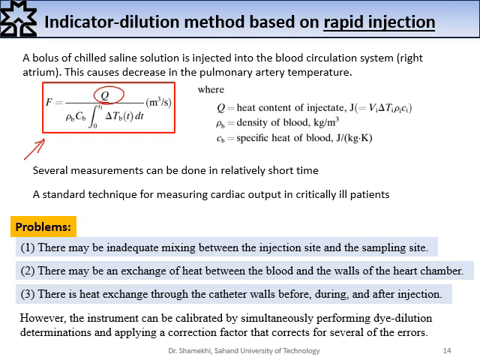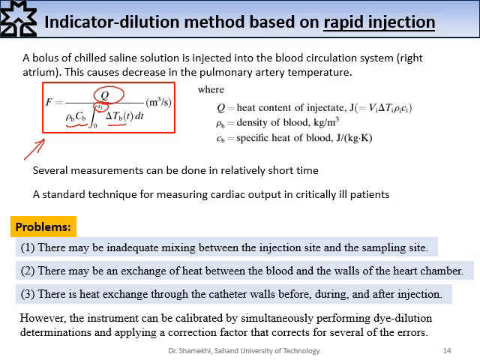Q is the heat content of the injectate. Rho B is the density of blood, Cb is the specific heat of blood, which is a known value, and the temperature variation is delta Tb, and we should be aware of the time T1.